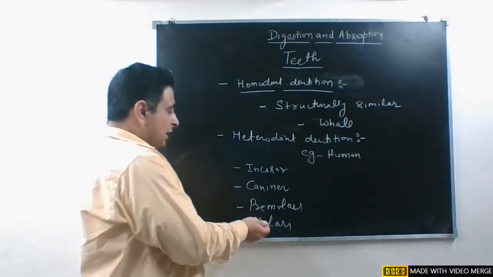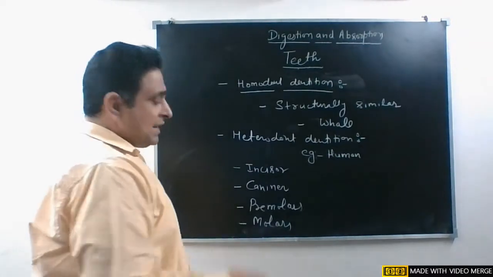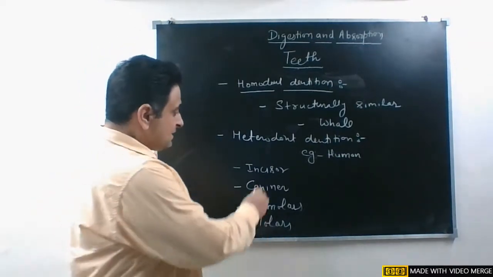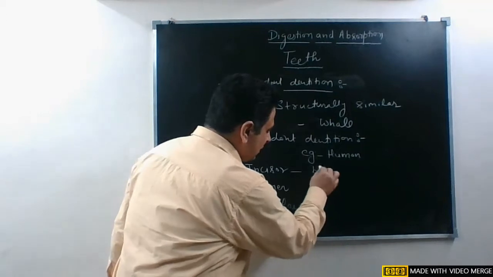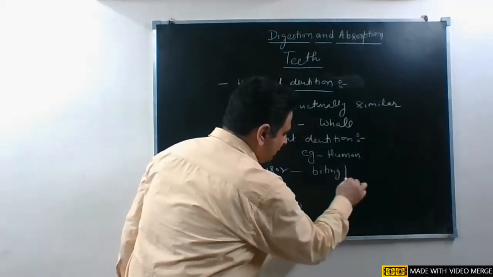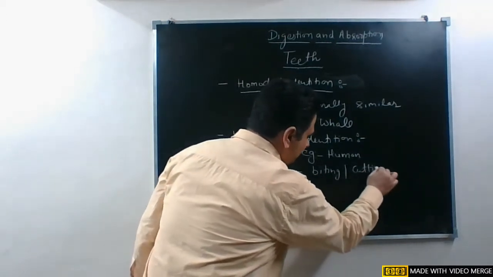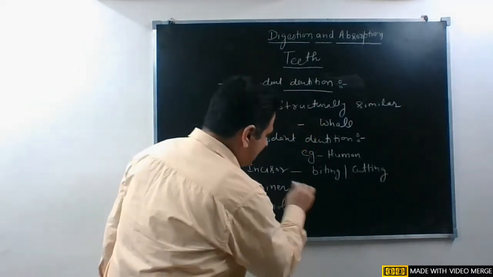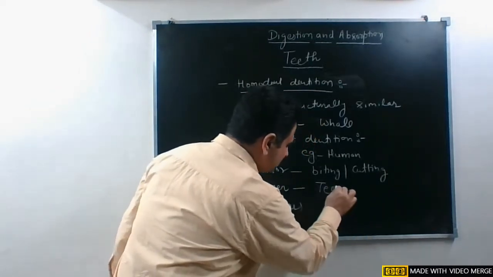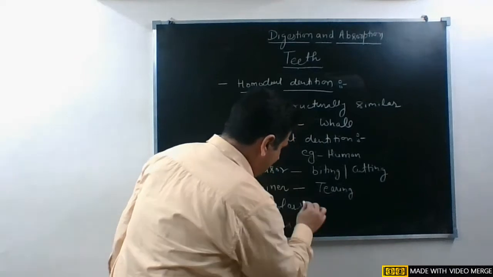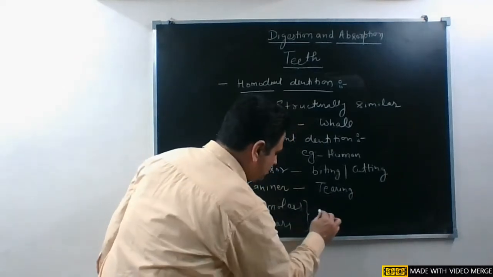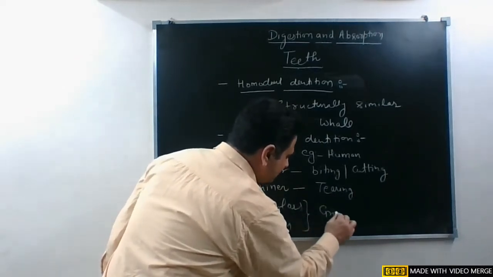They are structurally not similar as well as functionally not similar. Incisors are used for biting or cutting. Canines are used for tearing. And premolars and molars are used for grinding.